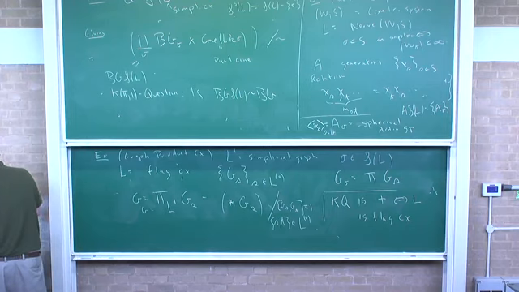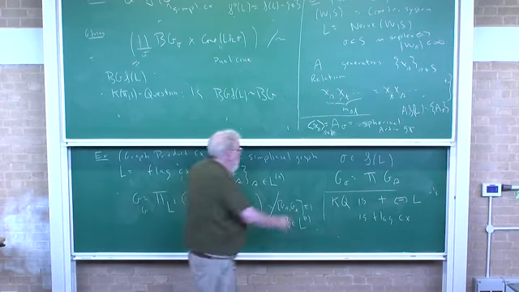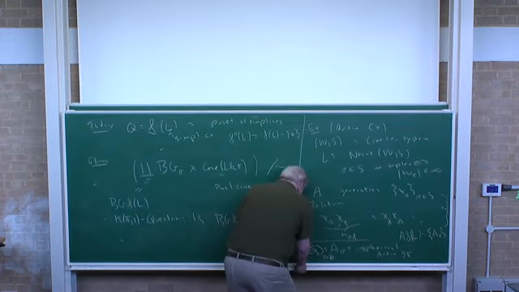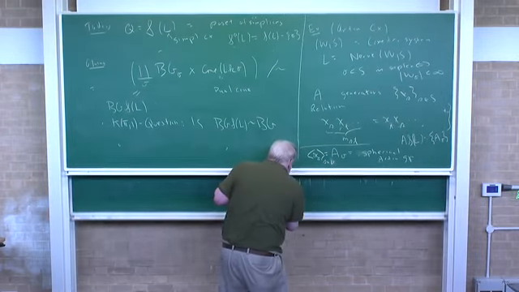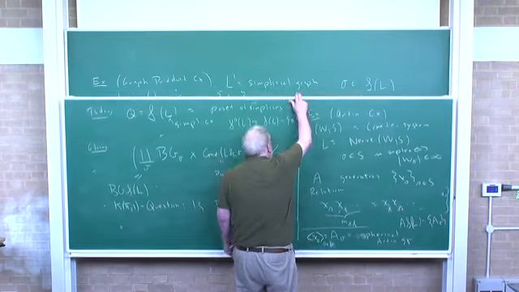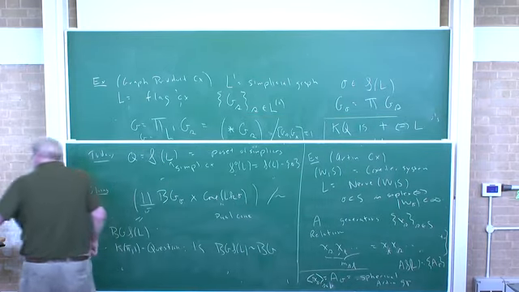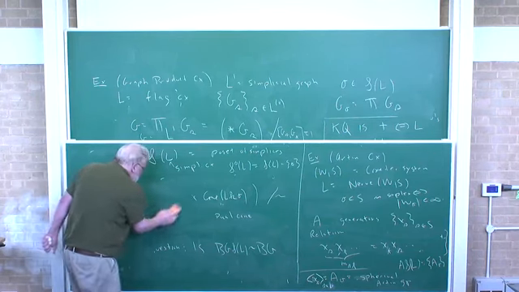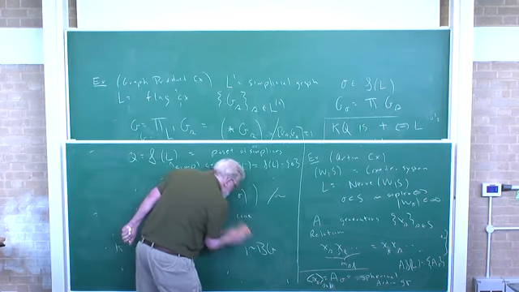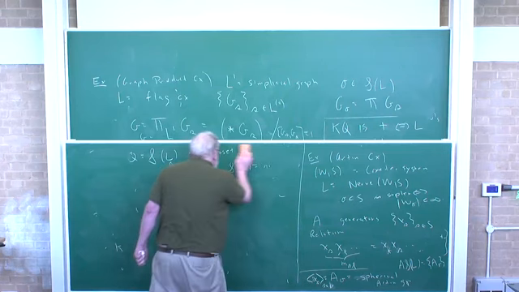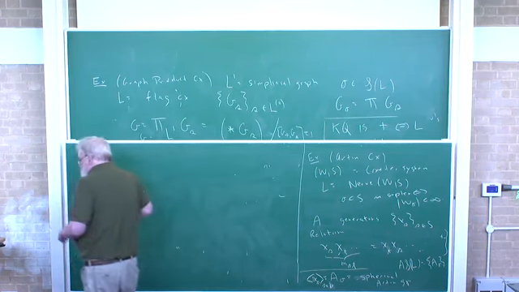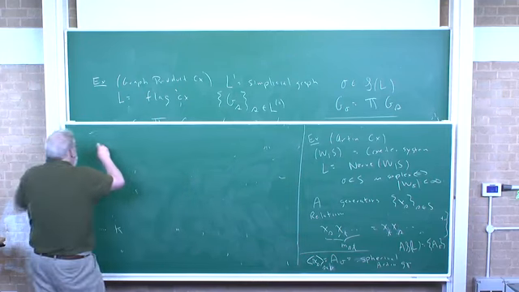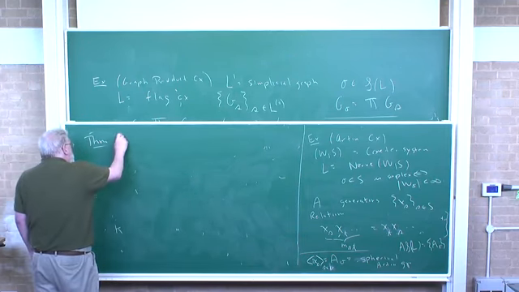Okay, so let me just say what the answer is first. One interesting thing about it is that the answer in both of these cases comes out to depend on L. So here's the theorem for Artin groups.